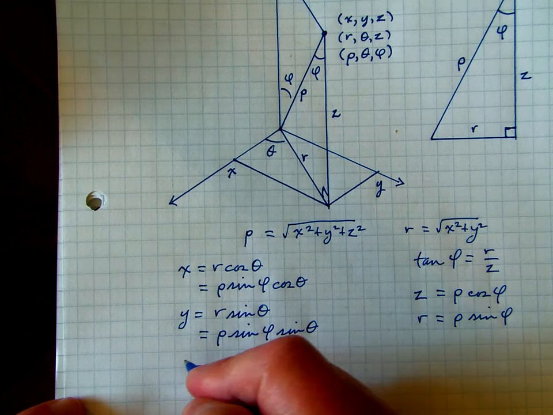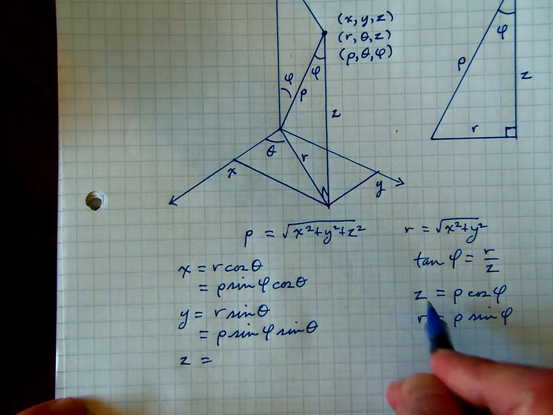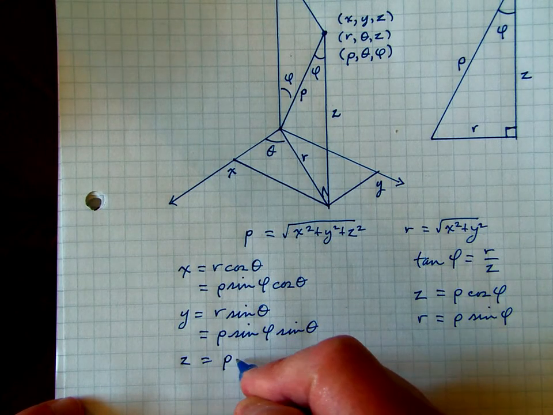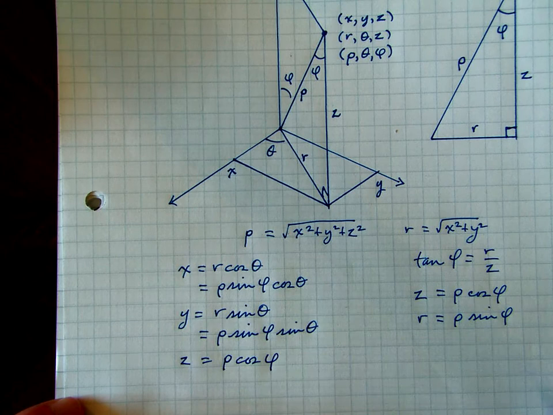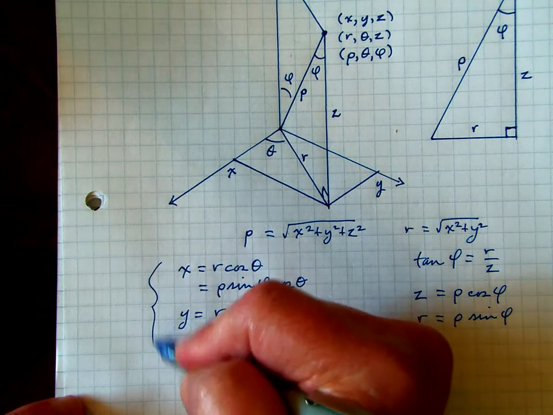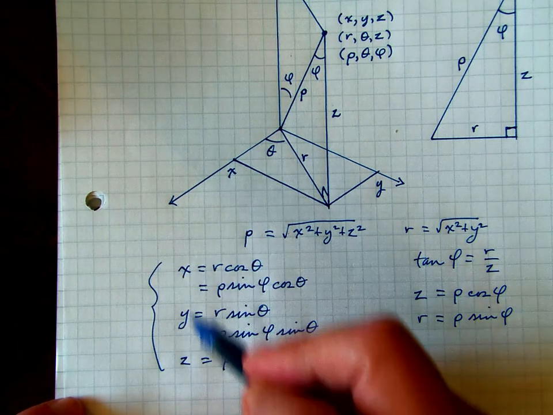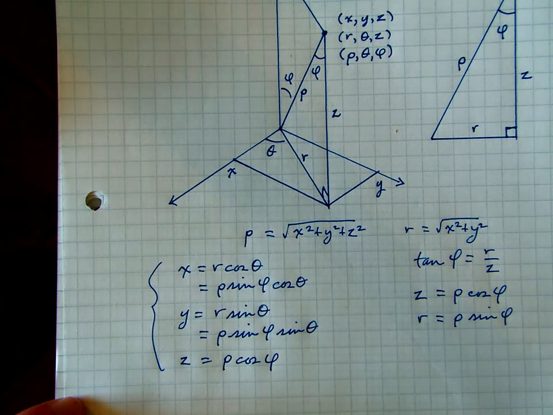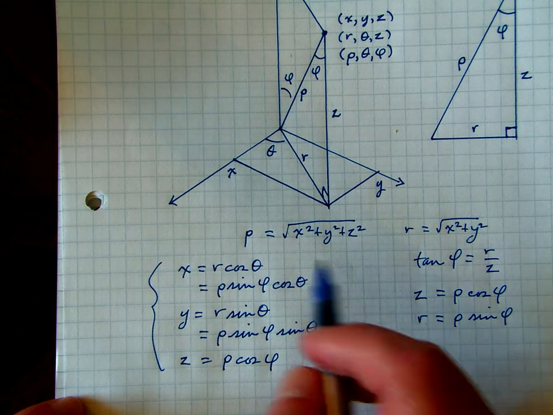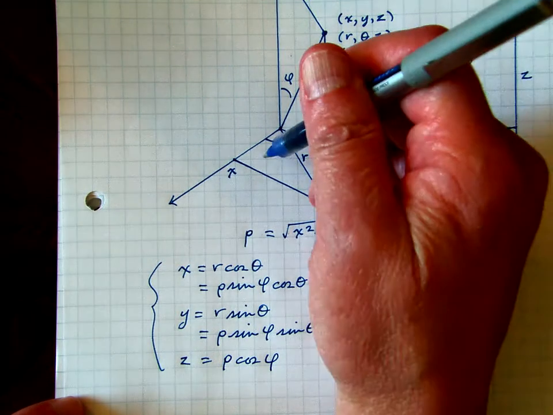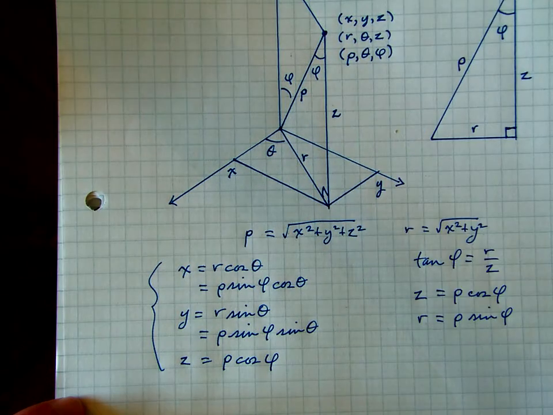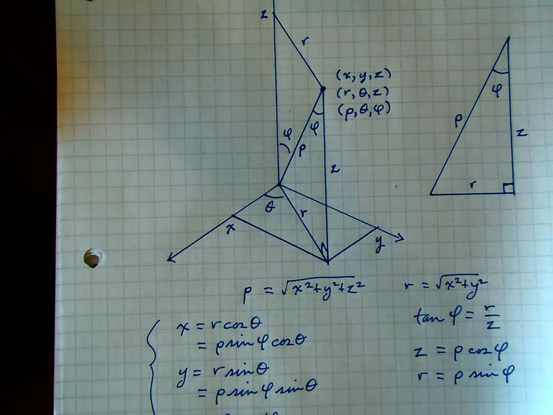And we finish off the set with the one we just did over here, rho cosine phi. Here is a conversion of x, y, and z into spherical coordinates. And here are conversions for r into spherical. And, of course, we know that theta is theta, so there's no conversion between cylindrical and spherical for that.